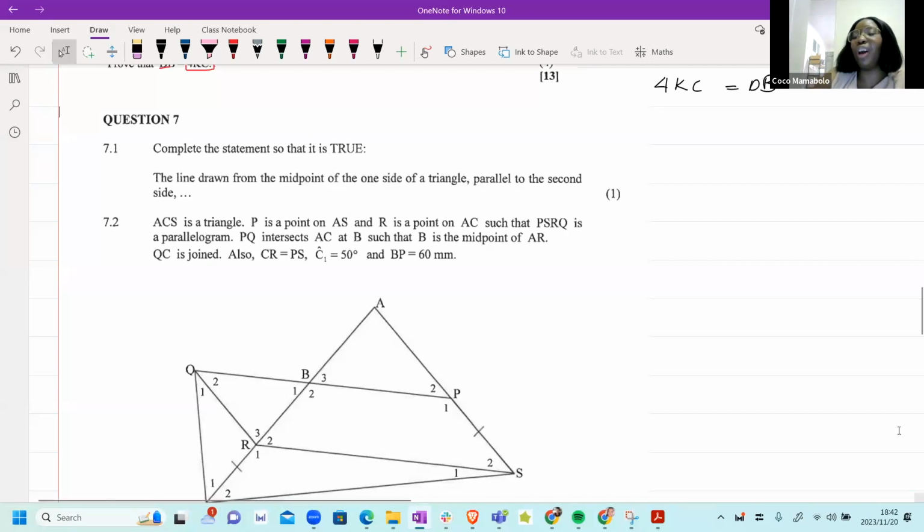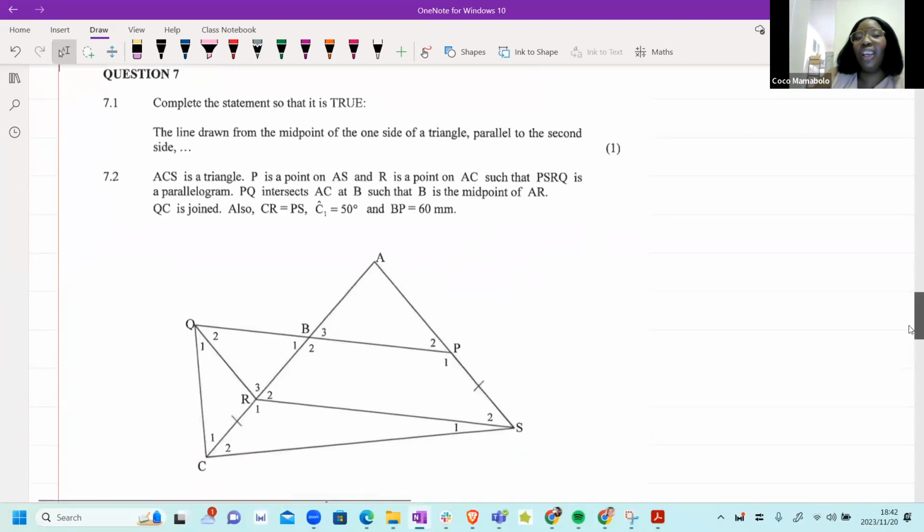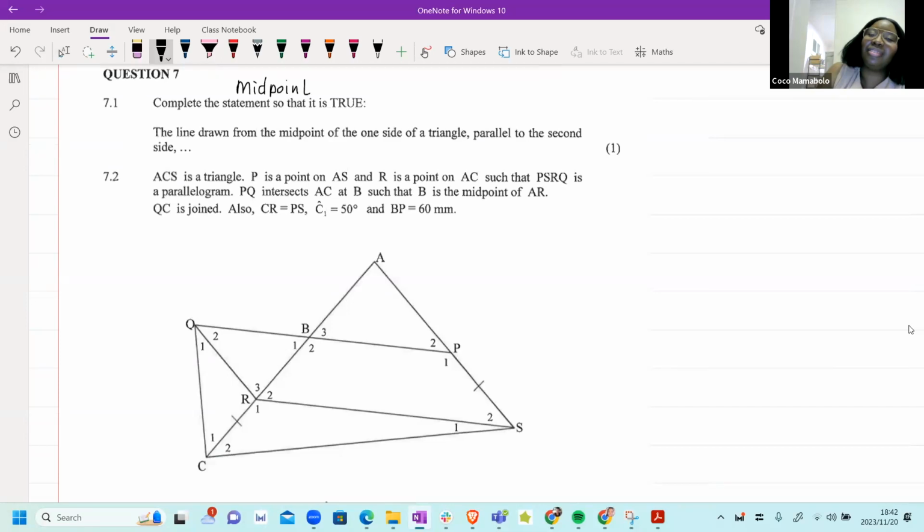All right, I'll put you out of your misery. Okay, this is the midpoint theorem. It's midpoint theorem. Yes, midpoint theorem.